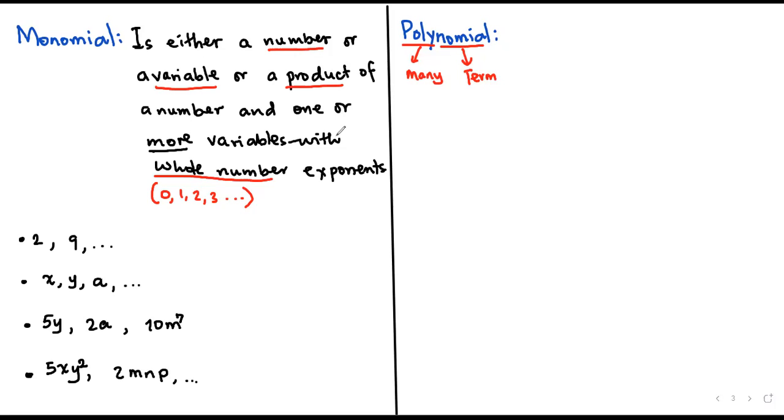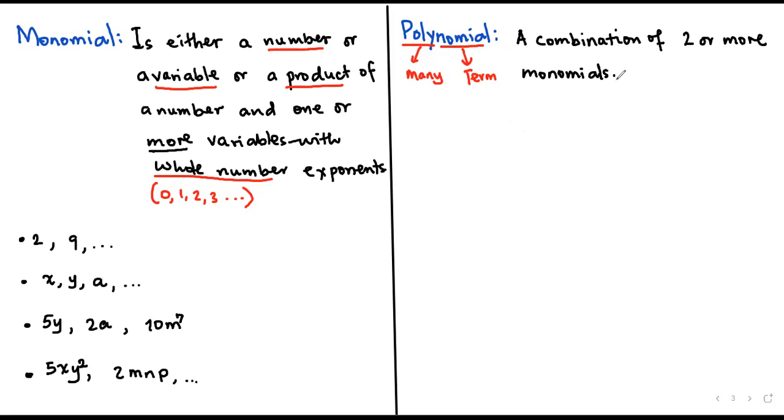So a polynomial is a combination of 2 or more monomials. A combination of 2 or more monomials is what we call a polynomial.